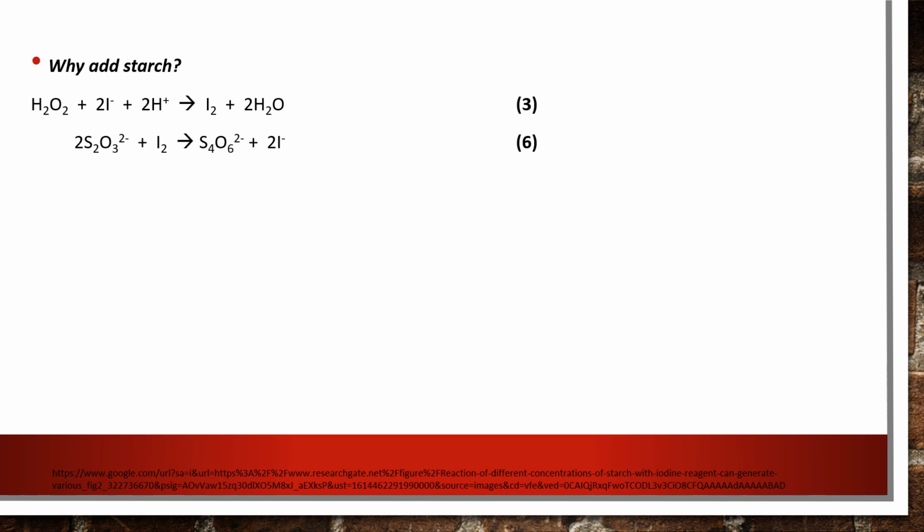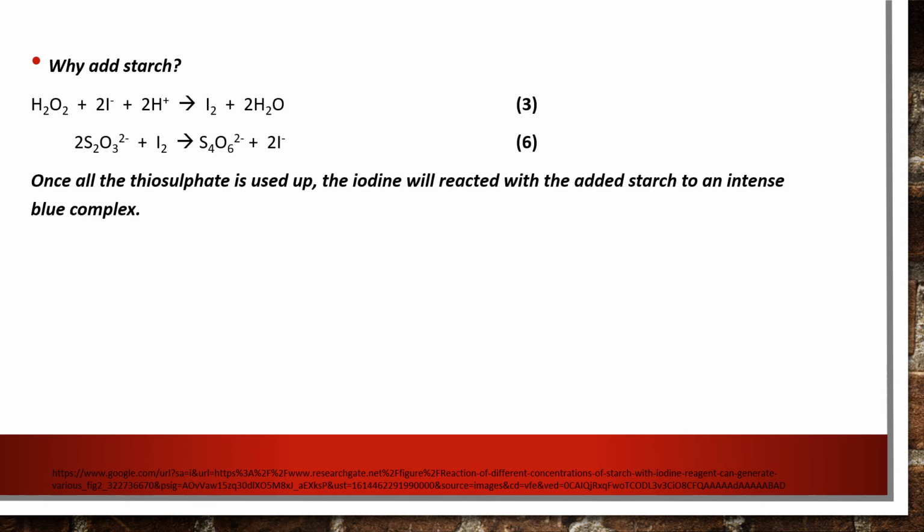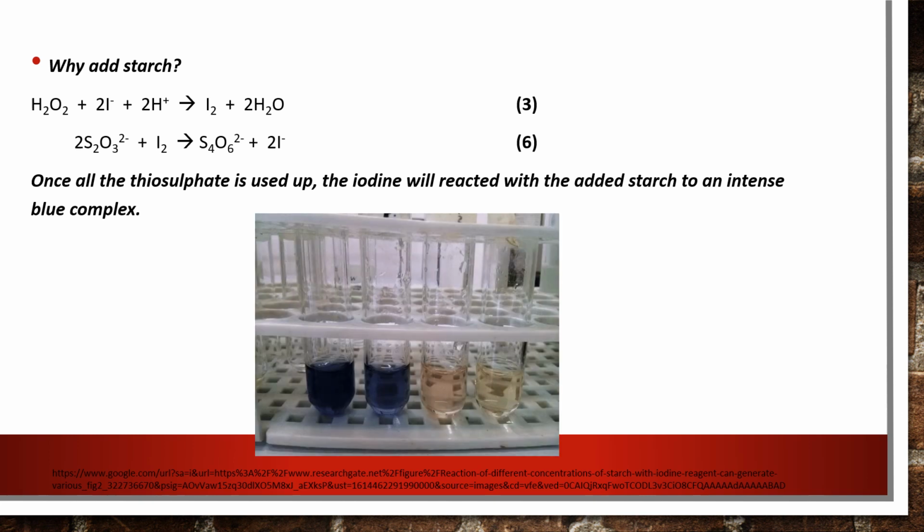Remember, reaction 3 and reaction 6 are occurring simultaneously. When all the thiosulfate is used up, reaction 3 will still be occurring, so that the iodine produced, having no more thiosulfate to react with, will be present in the flask and will form a blue complex with starch, indicating the end of reaction 6. Iodine and starch form a blue complex, and this intensity depends on the concentrations present.